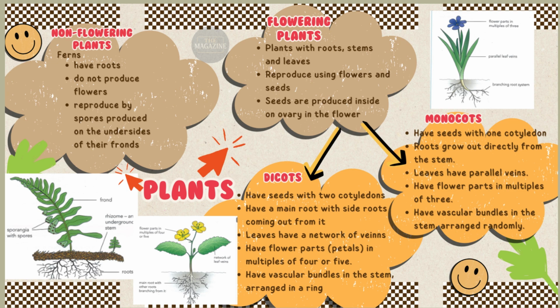They have flowers in multiples of three, like three petals, six petals, nine petals, multiples of three. Next, they have vascular bundles in the stem arranged randomly. So these are the main features of monocots.